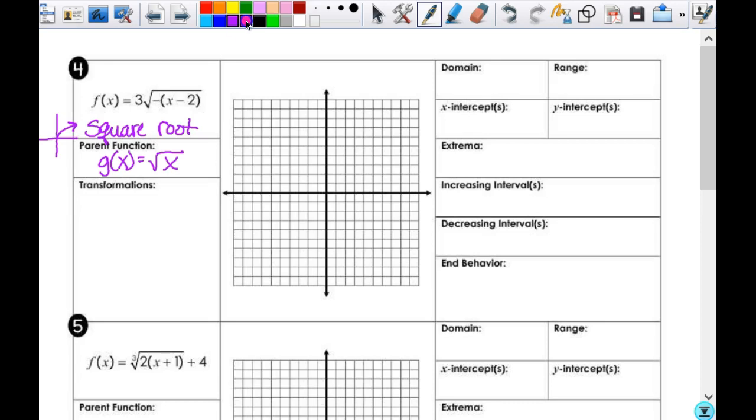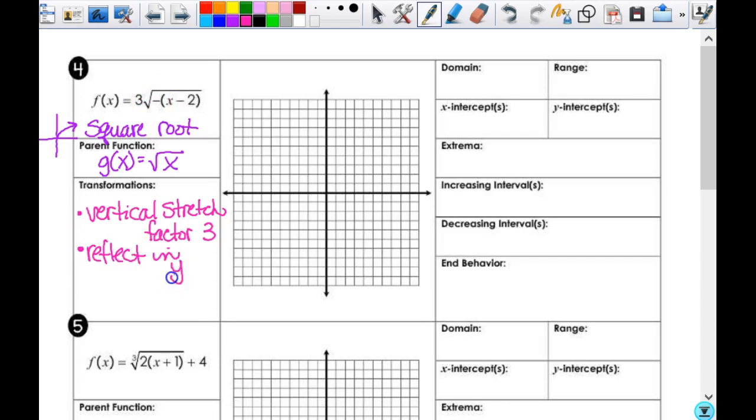So square root. Then transformations. This is 3D. Good. It's a vertical stretch by a factor of 3. If it was on the inside, it would be horizontal. It's on the outside, so it's vertical. Then reflect in the y-axis.